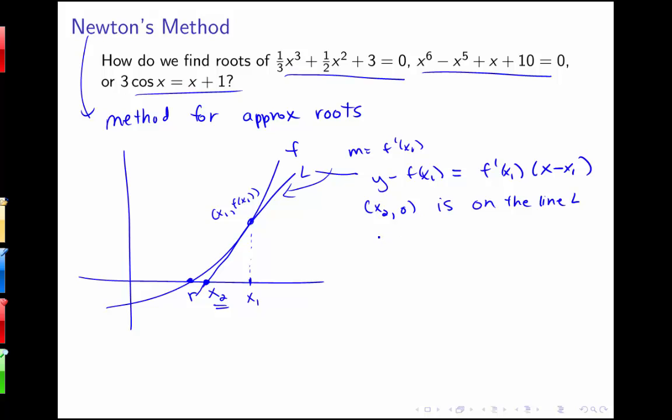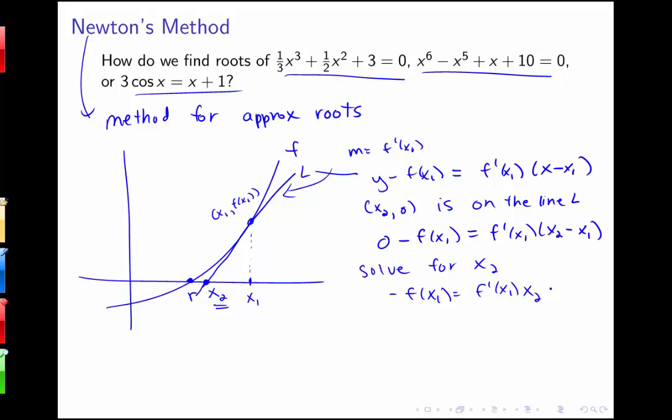So I can say that 0 minus f of x1, plugging in 0 for y and x2 for x, is equal to f prime of x1 times x2 minus x1. I can solve this equation for x2. So I have negative f of x1 equals f prime of x1 x2 minus f prime of x1 times x1.